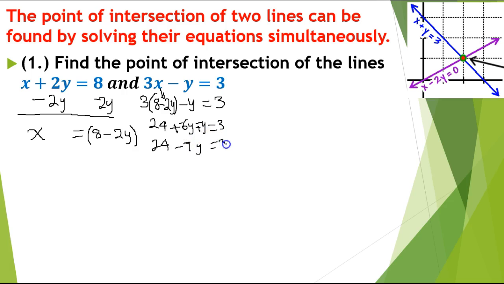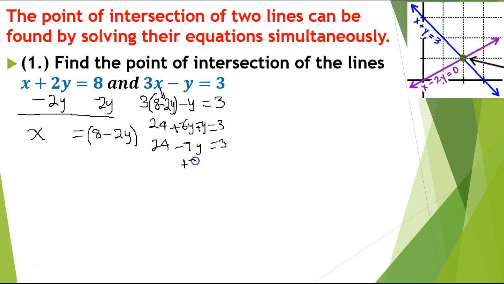Equals 3. Next, we can either subtract 24 from both sides, or we can add 7y to both sides. Either way, you still get the same thing. So let's add 7y to both sides.